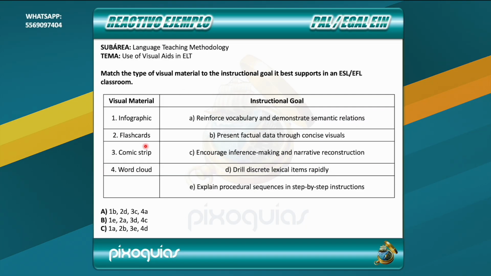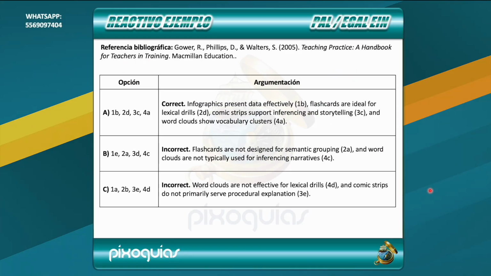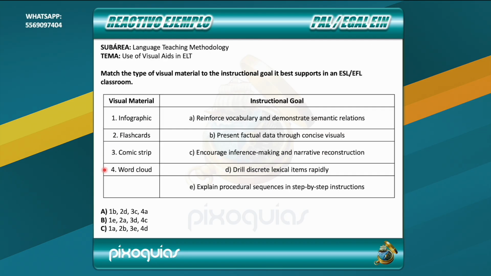This exercise is from the topic Use of Visual Aids in ELT. Match the type of visual material to the instructional goal it best supports in the ESL, EFL classroom. As we can see, the correct answer is A. Let's check it out.